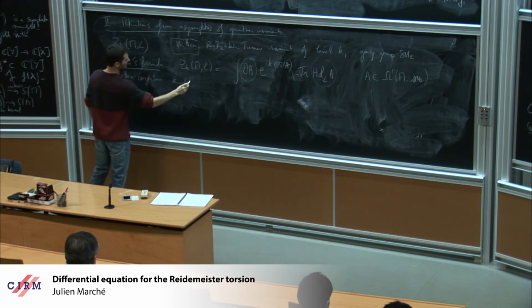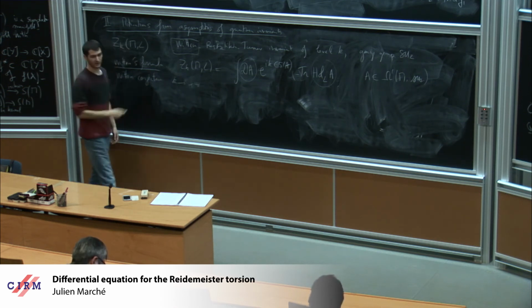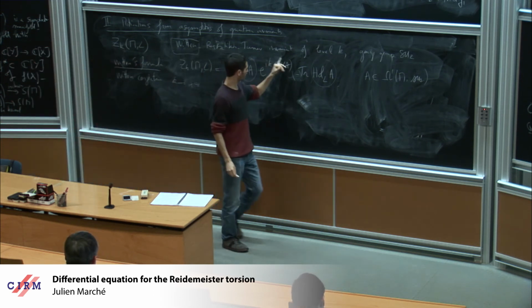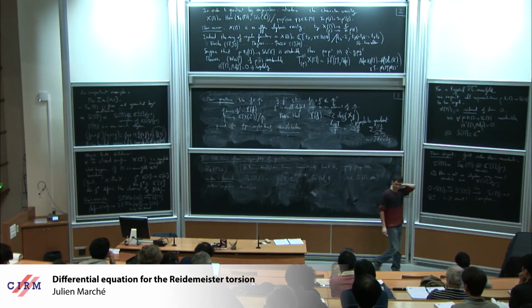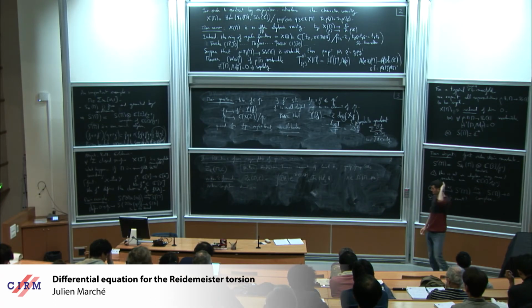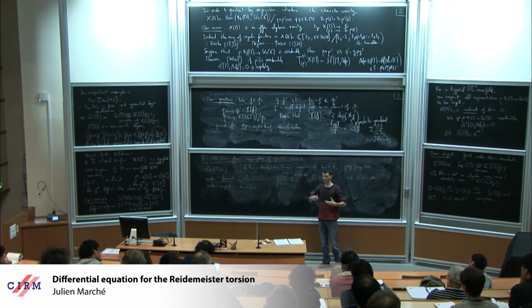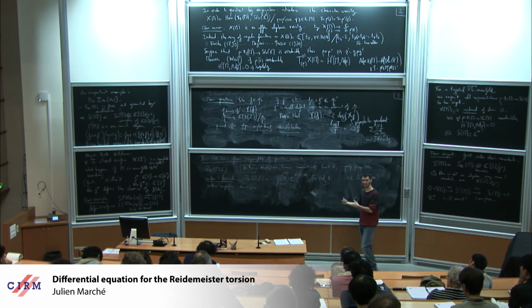The question is the behavior of this invariant when k goes to infinity. Because you can expect some stationary phase approximation, and the critical points of the Chern-Simons functional are flat connections, so it corresponds to representations. So the character variety comes here, from pi_1 of M into SU2.